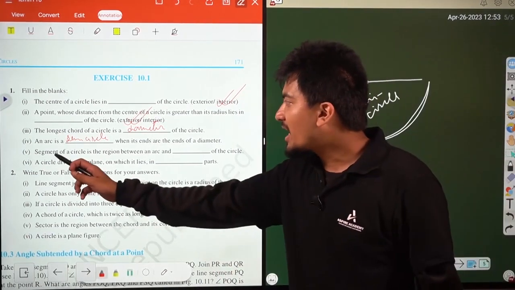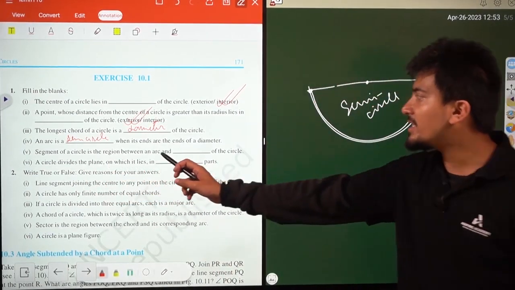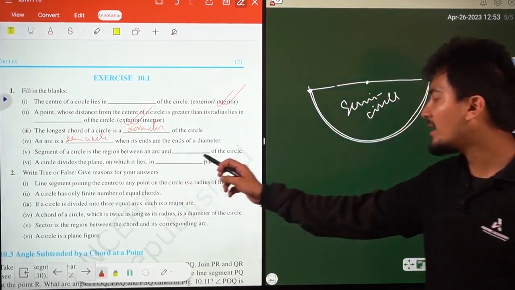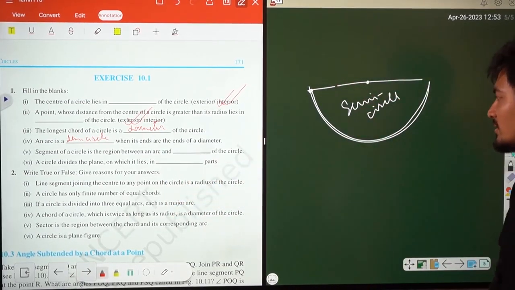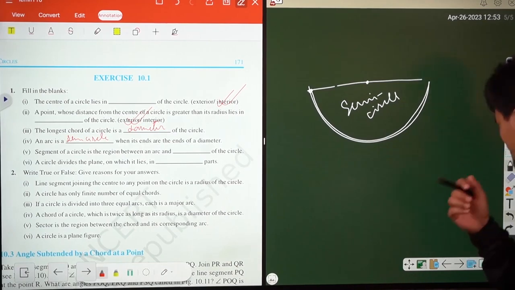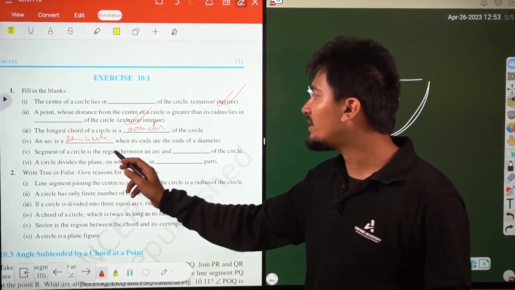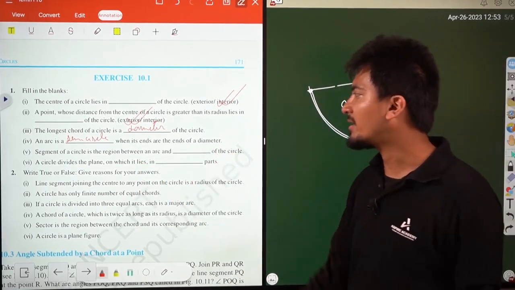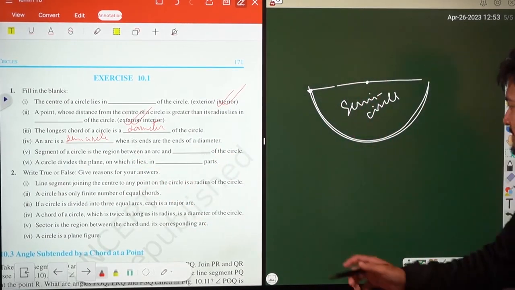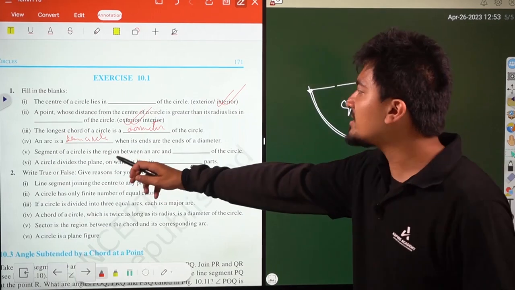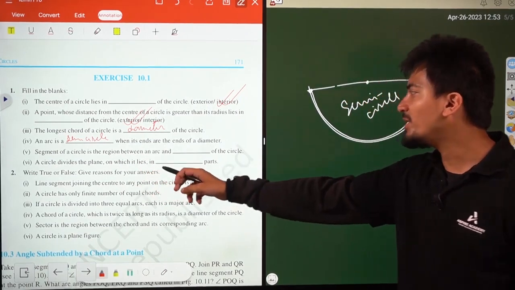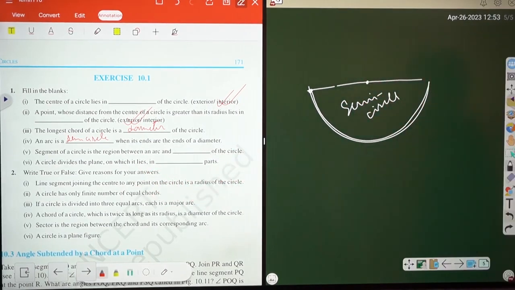Next, segment of a circle is the region between an arc and dash of a circle.